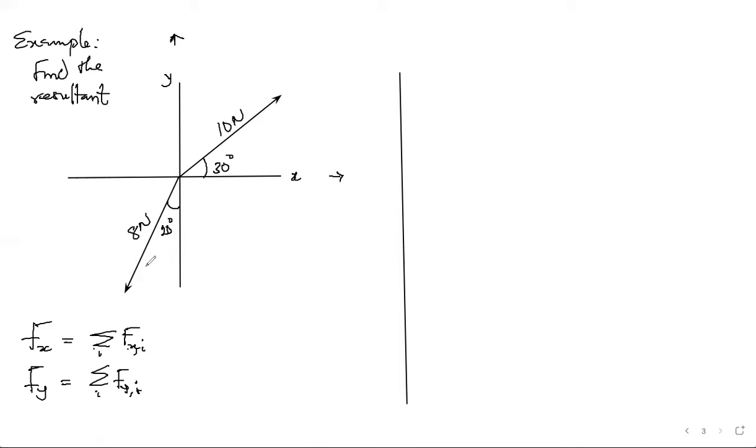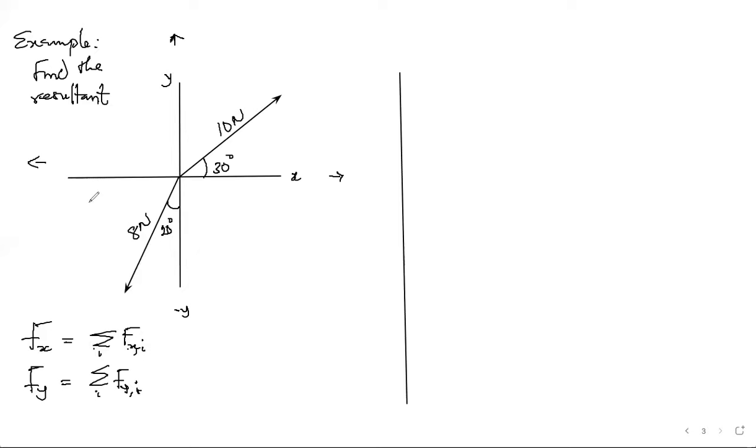For this force, if I place this force on the y-axis, it's going to point towards the negative y. You can see downwards. So the component along y will be negative. And for this force, when you place it on this axis, it's going to point like this towards the negative x. So that means it's going to have a negative component along x.